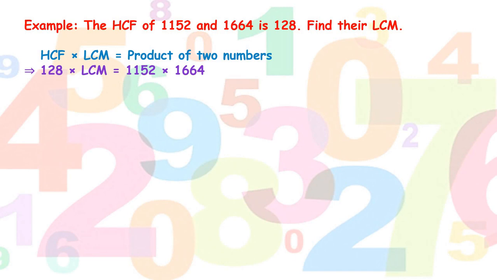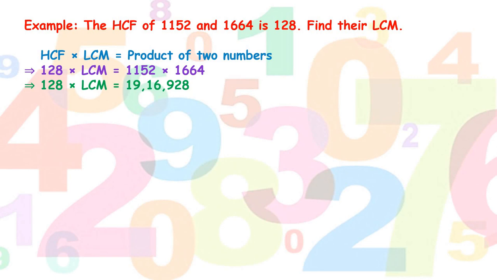Now what we will do, we will first multiply these two numbers. I know it is a time taking process. So 128 into LCM is equal to 19,16,928.